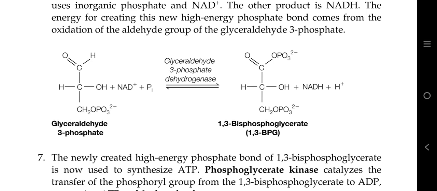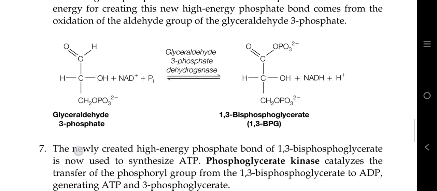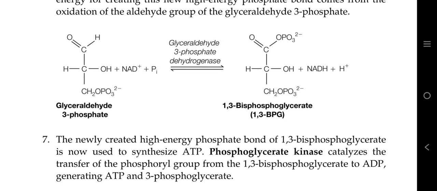So two phosphates are added, and this is a bis molecule, which is indicating that these phosphate groups are added at the terminals of this molecule. If this molecule were 1,3-diphosphoglycerate, then it would mean that two phosphate groups are present on this molecule, but their location is not at the terminals.